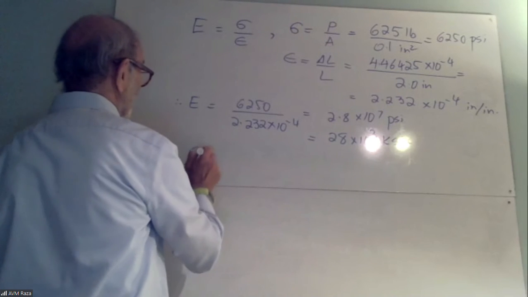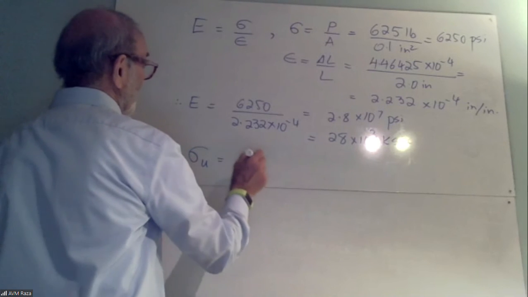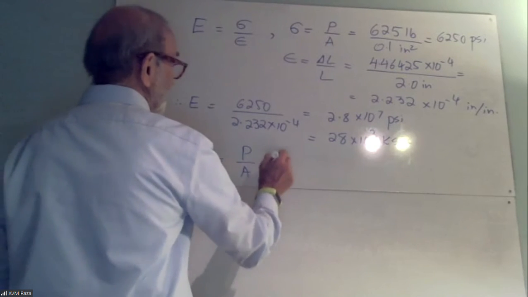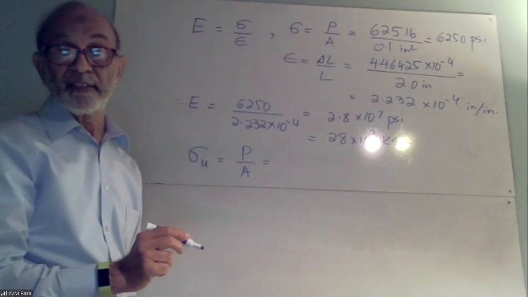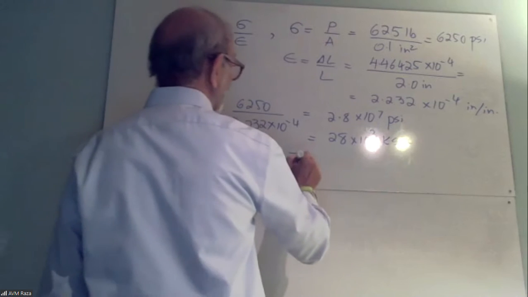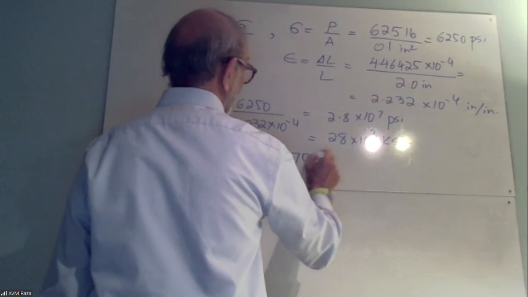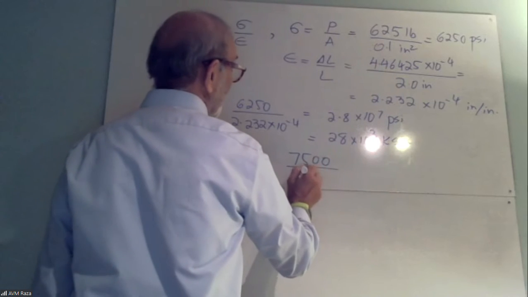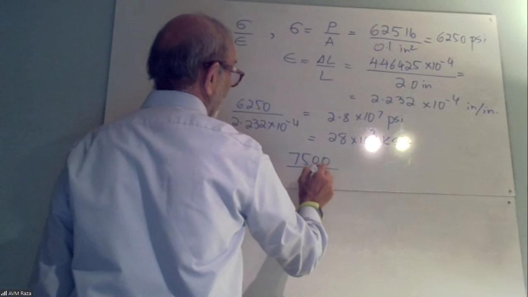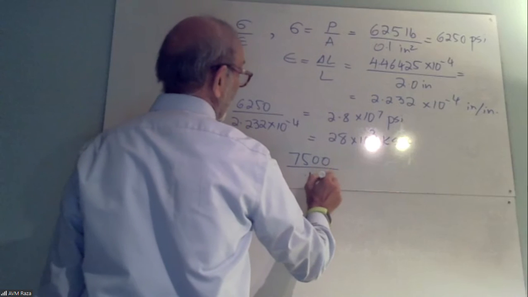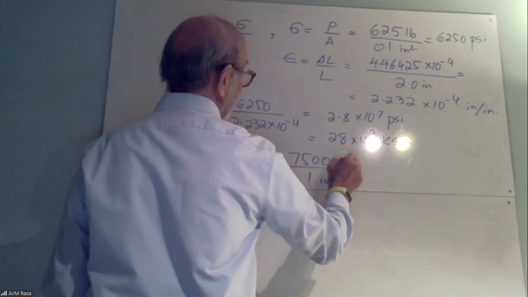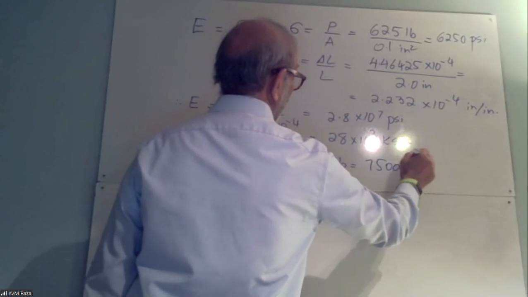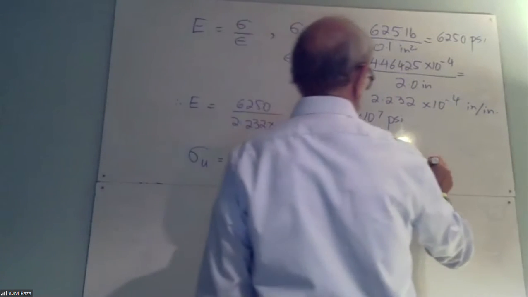So sigma U will be the maximum load, P over A again, which is the maximum load of 7,500 pounds divided by the same area, 0.1 inch square. This is 75,000 psi.